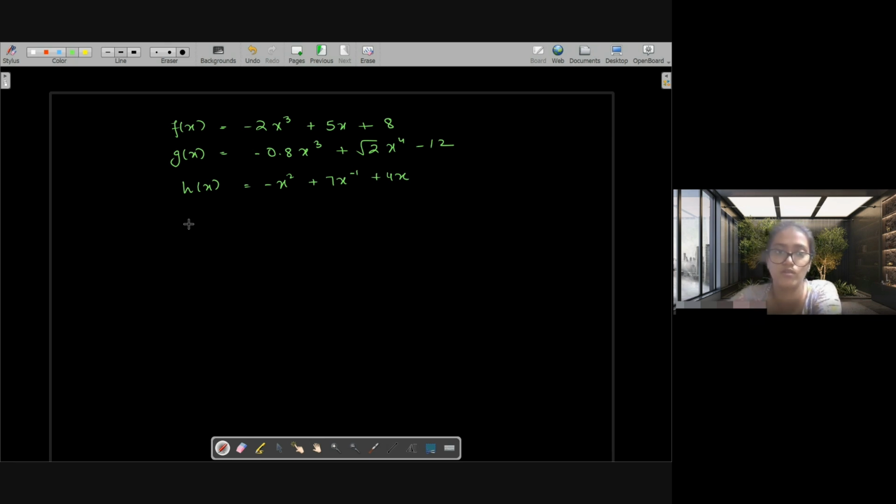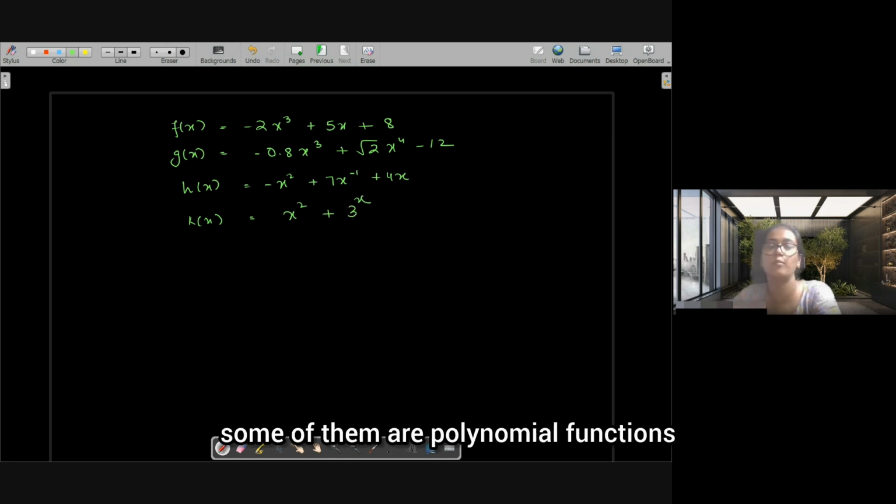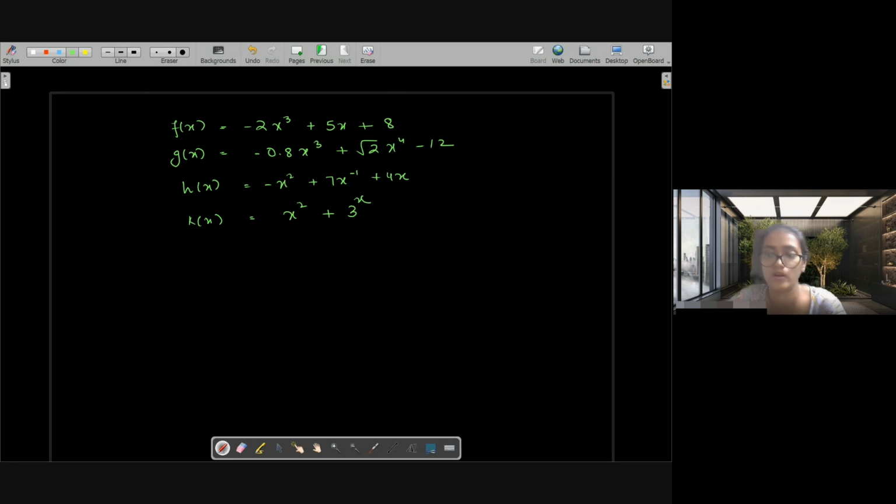We have 4 functions, and out of these, some are polynomial functions and some are not.